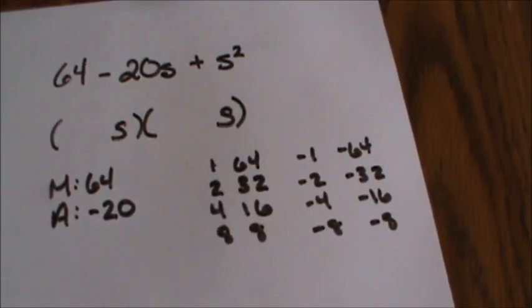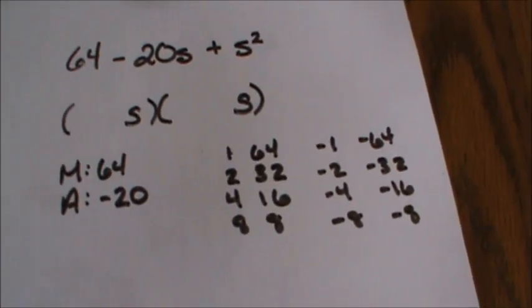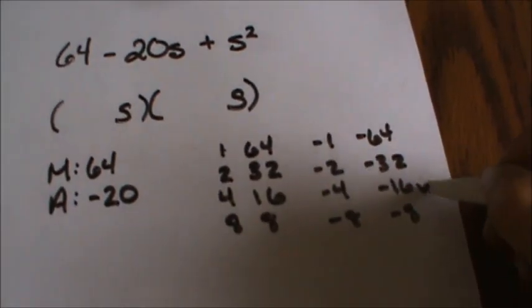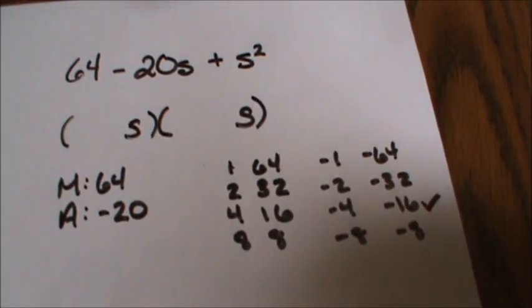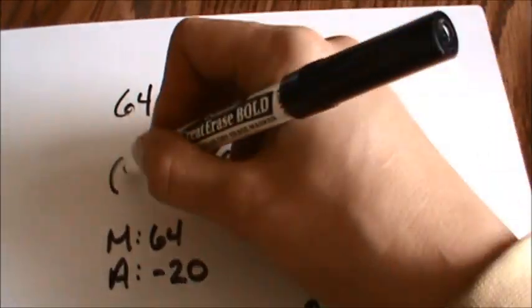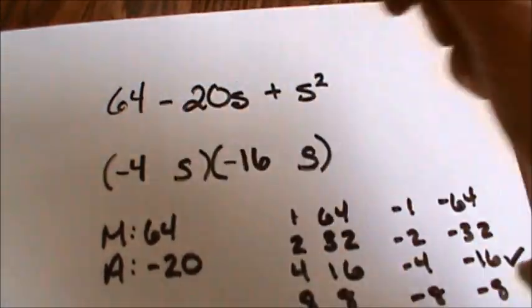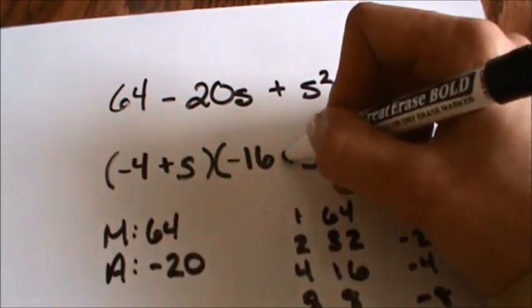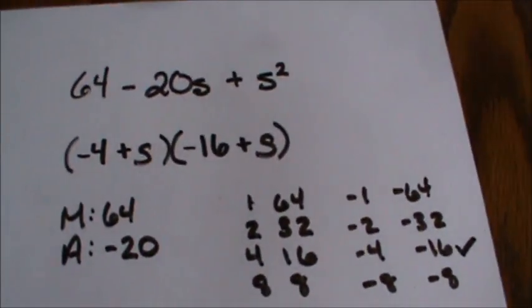Now, which of these pairs add to be negative 20? You got this guy right there. So that means up in here, negative 16, negative 4. Put a plus sign in between, and we are good to go.